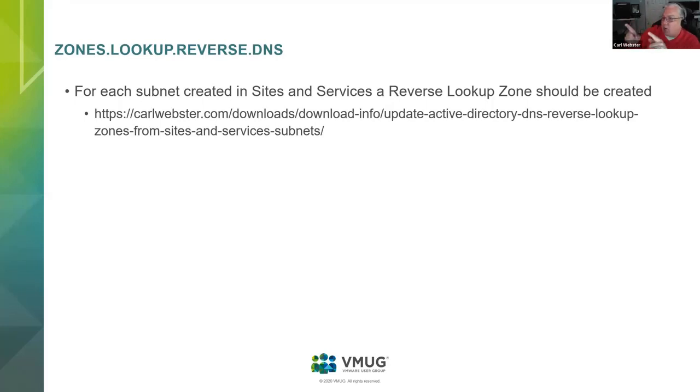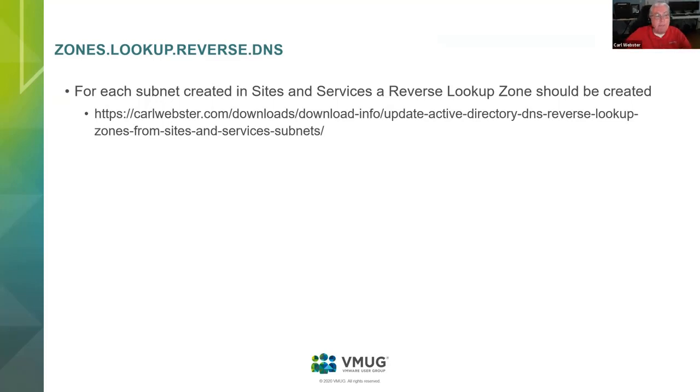And I don't like creating scripts that are going to change something in Active Directory that requires you to have enterprise admin rights. So I'm trying to figure out a way to do it, and at least just come up with a report saying, hey, here's what you need to do, and here's the PowerShell to do it, but you run it yourself. I don't want to take responsibility for messing up your sites and services.